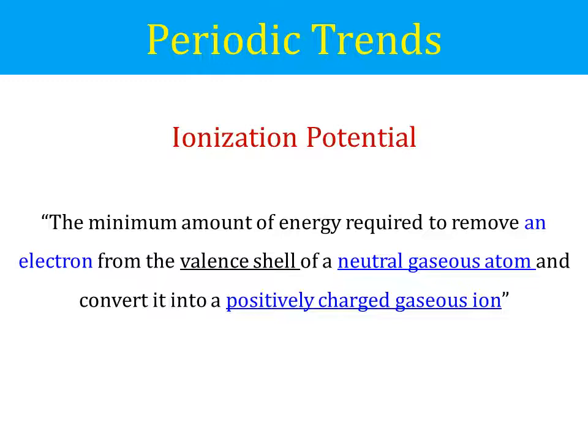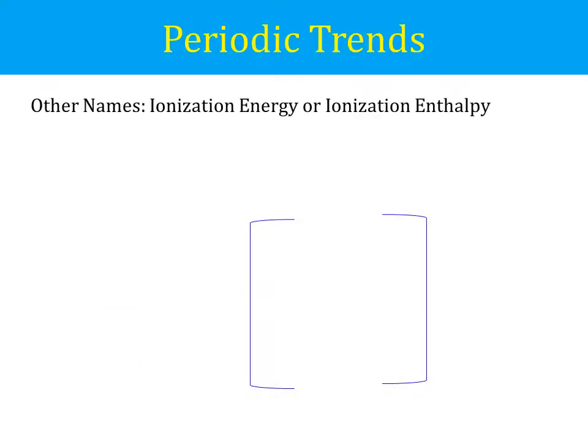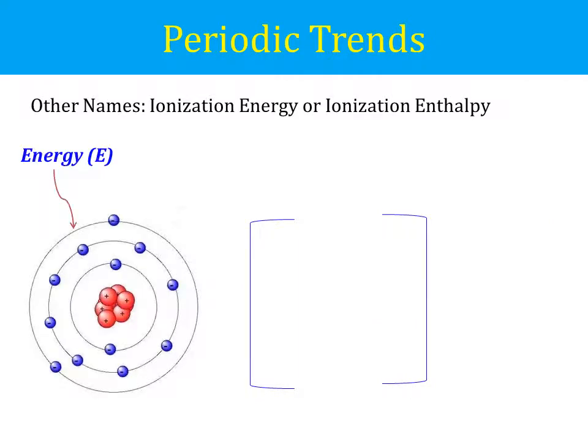So it needs an external force, and here the external force is some sort of energy. If we give energy, that energy will be accepted first by the valence shell, because removal of electrons from the valence shell is quite easy compared to the electrons present inside the inner shells.